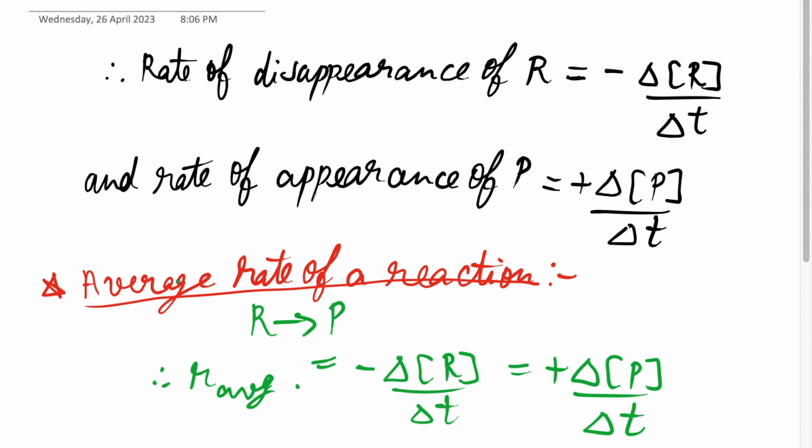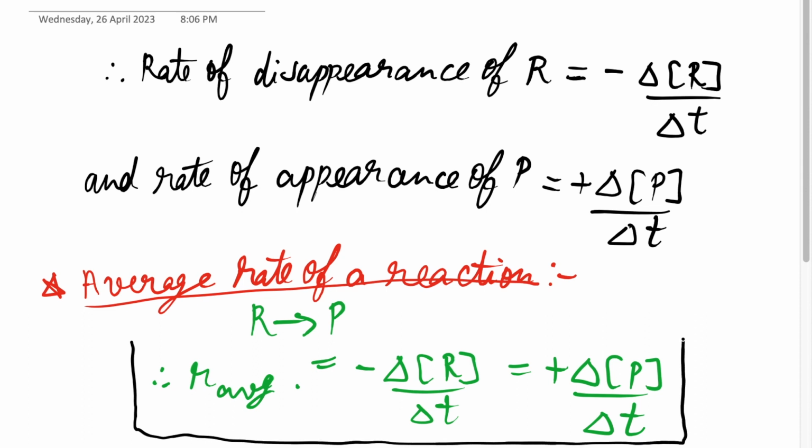This is the average rate of a reaction. इस तरह बच्चों हम एवरेज रेट ऑफ रिएक्शन को लिखते हैं किसी भी केमिकल रिएक्शन के लिए.